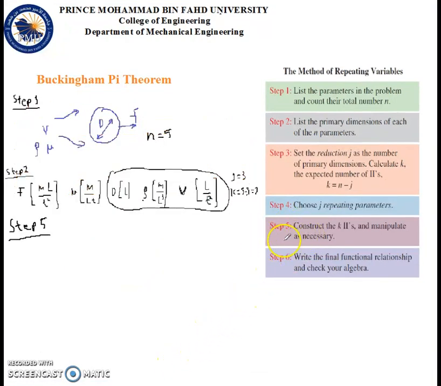In step 5, we need to construct the k number of pi's and manipulate as necessary. To do this, we'll start with pi1 will equal viscosity times the repeating variables d, ρ, v to the exponents a, b, and c. Let's look at the units here.